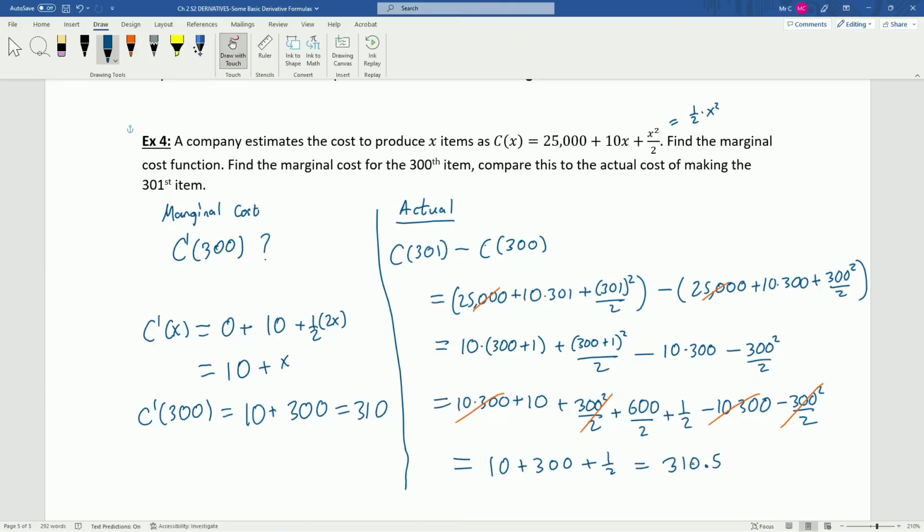I mean, 310 versus 310.5 is very close, and look at the difference in the amount of work we have to do to compute these two values, right? So especially when you're looking at millions upon millions of items being manufactured, it is so much more efficient to calculate with marginal cost, and it'll be accurate to any reasonable accuracy that's needed.